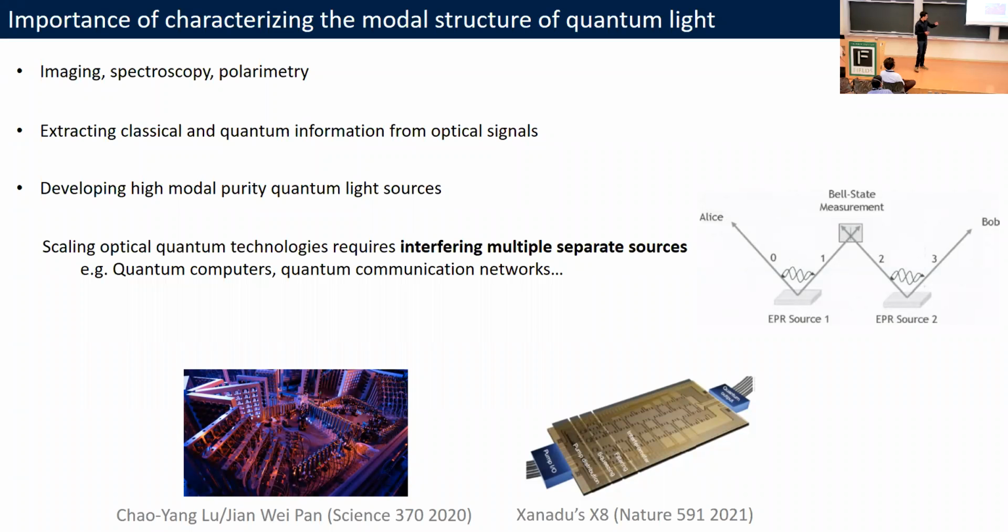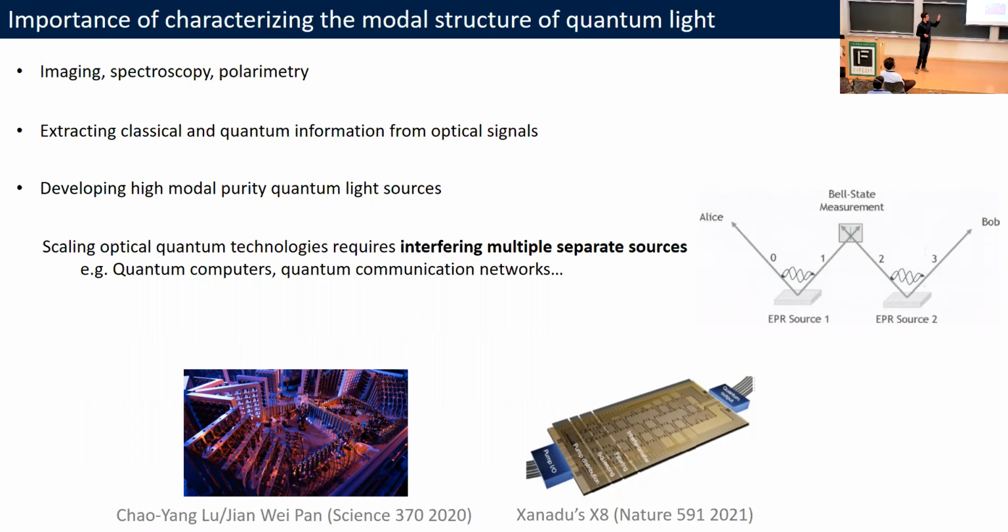And we saw a nice talk by Chaoyang Liu where he showed this kind of tour de force experiment. They interfered 20 different sources, I think it was 20. And Xanadu is building kind of similar experiments on chip where they're trying to also interfere lots of different quantum sources of light. And so the quality of the entangled state that you prepare in these photonic platforms depends on how well the photons are interfering.